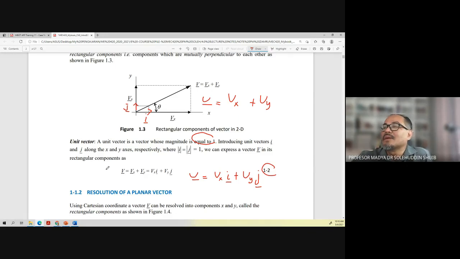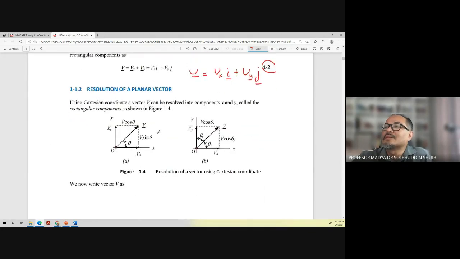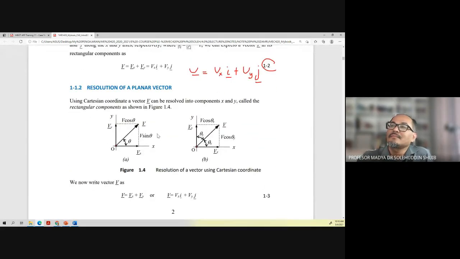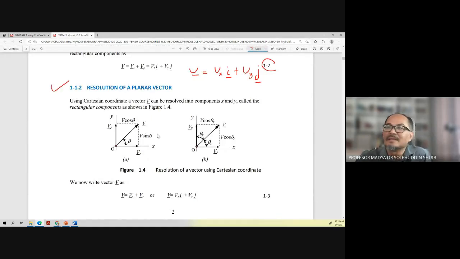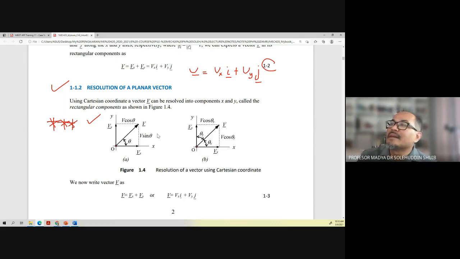And then what we have done last time, we can resolve into sine and cosine. Okay, this is, I put how many stars last time. This is many stars, meaning very important. How do you resolve using Cartesian coordinate vector? You can resolve into x and y in terms of sine and cosine.